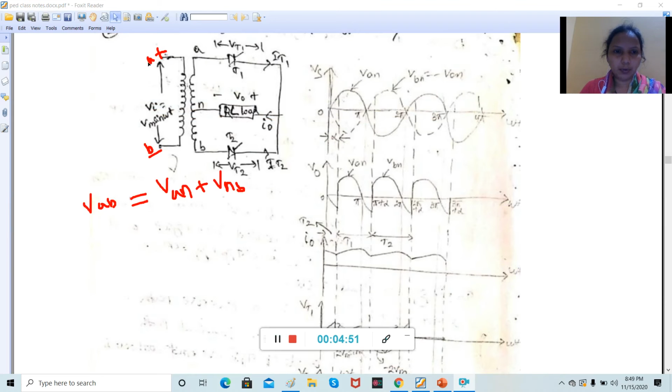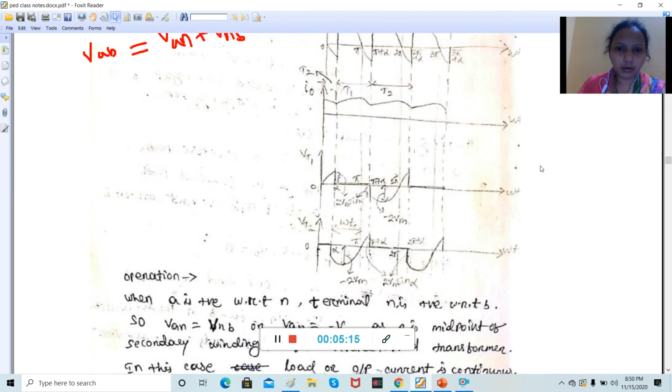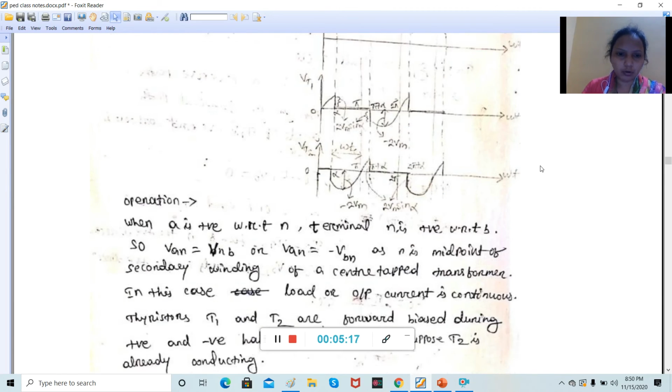When we give A positive and B negative supply, at that time the VAN waveform is forward biased and the VBN waveform is reverse biased. So when VAN is positive, thyristor T1 is forward biased, and at the same time thyristor T2 is reverse biased. We assume this configuration as a continuous configuration, that means the output waveform is continuous.